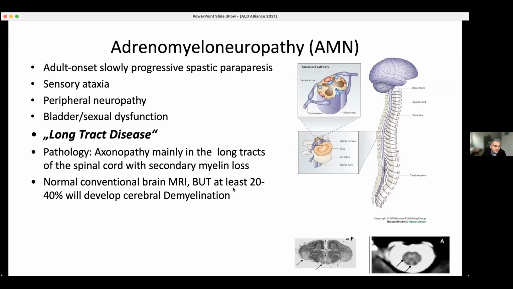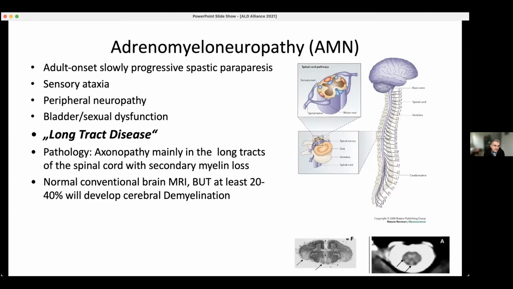And so it results in a mixed picture of sensory issues, at times pain and tingling and numbness, but at the same time it can also significantly affect gait and balance. It can affect motor function, causing weakness of the muscles and also stiffness in the muscles.